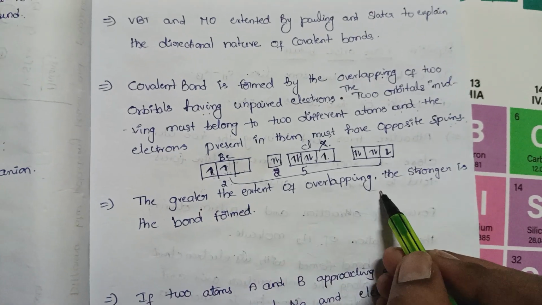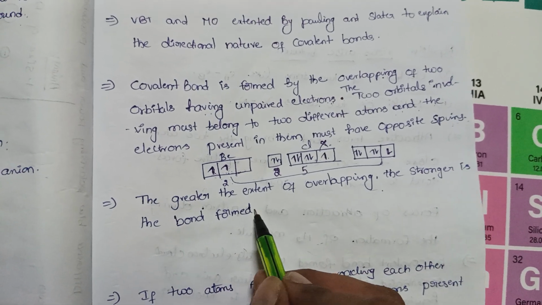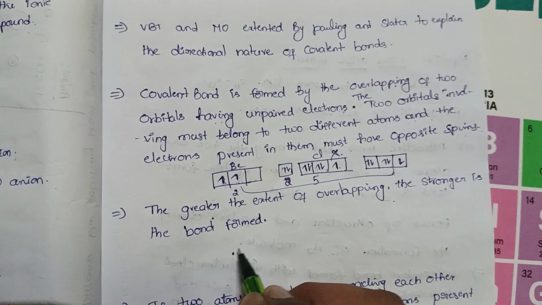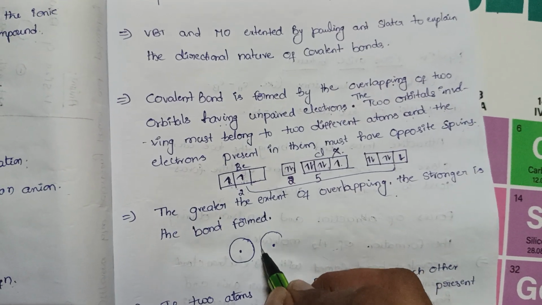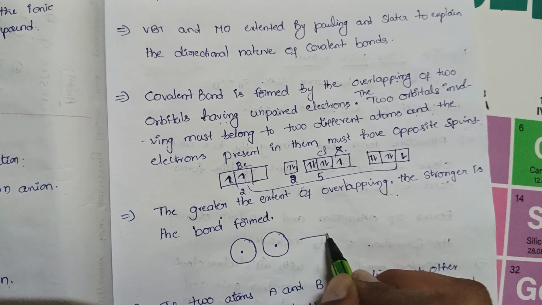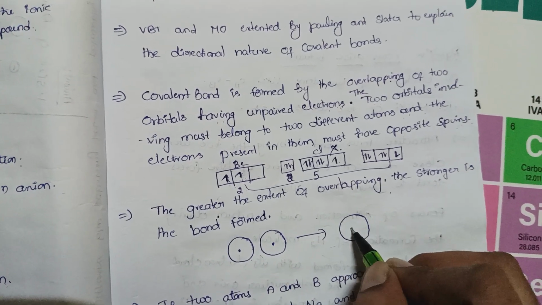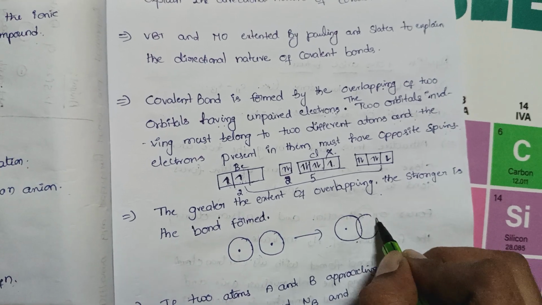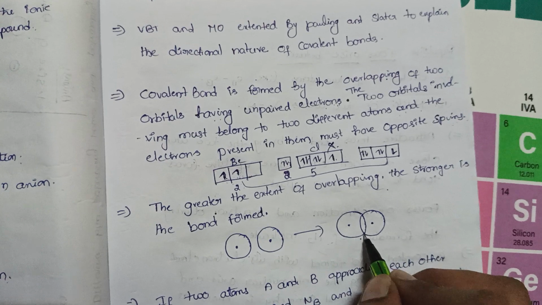The greater the extent of overlapping, the stronger the bond that is formed. See, if we take two atoms, this is a lesser extent of overlapping.